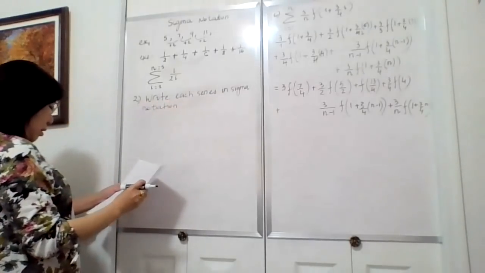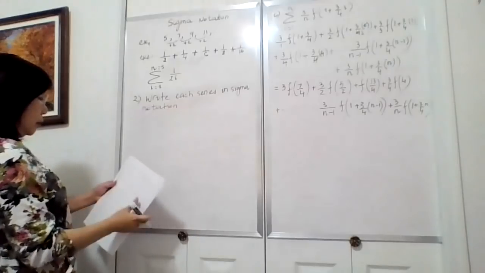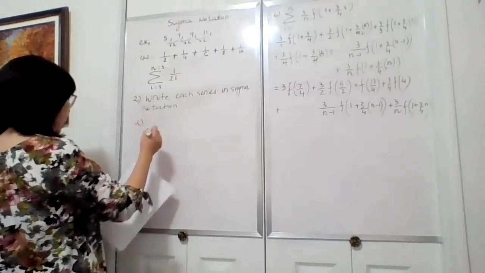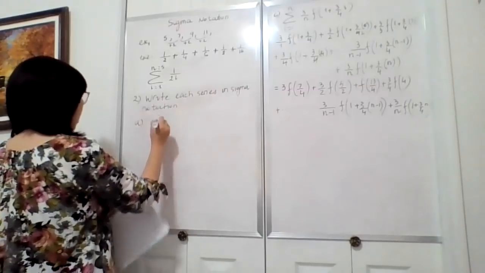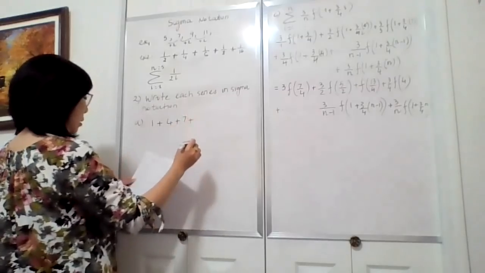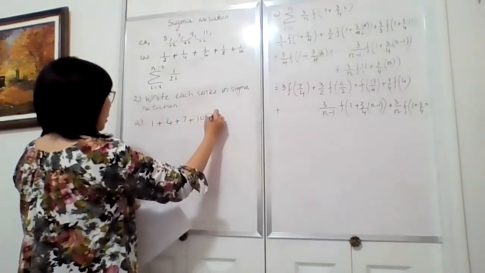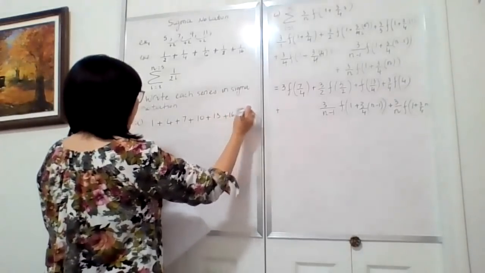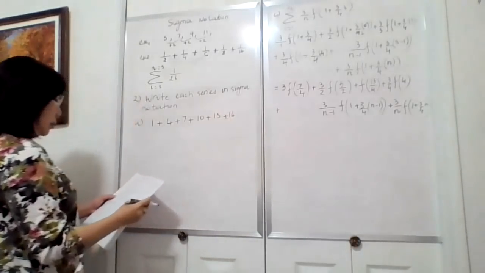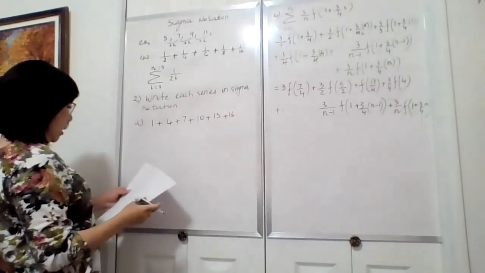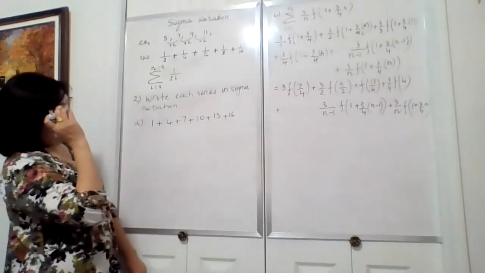Okay, let's say the first example is always easy. Let's say you have 1 and 4 and 7 and 10 and 13 and 16, blah, blah, blah. Okay, let's see how we're going to write this one.